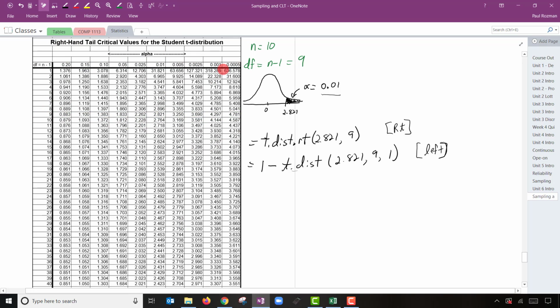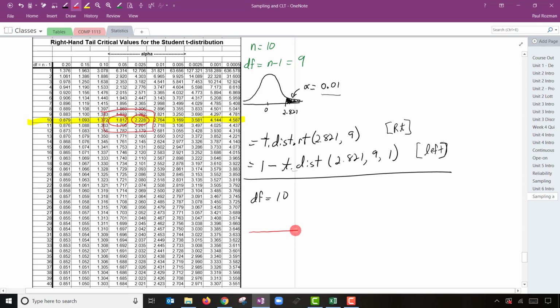I'll erase all this scribble here. In our example now, we have a df equal to 10, right? Our sample size was 11. So now we're in this row, and we're looking for 2.21. It's not there. It's pretty close to this one. It's between these two.